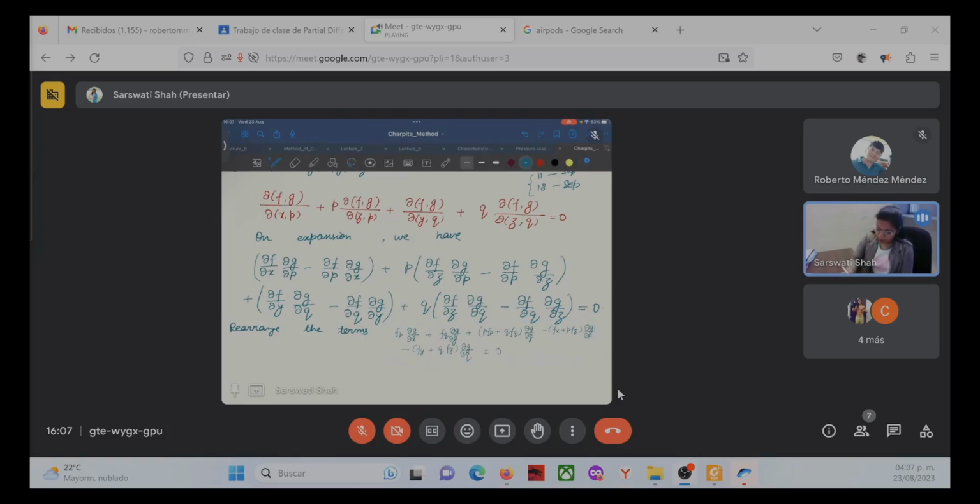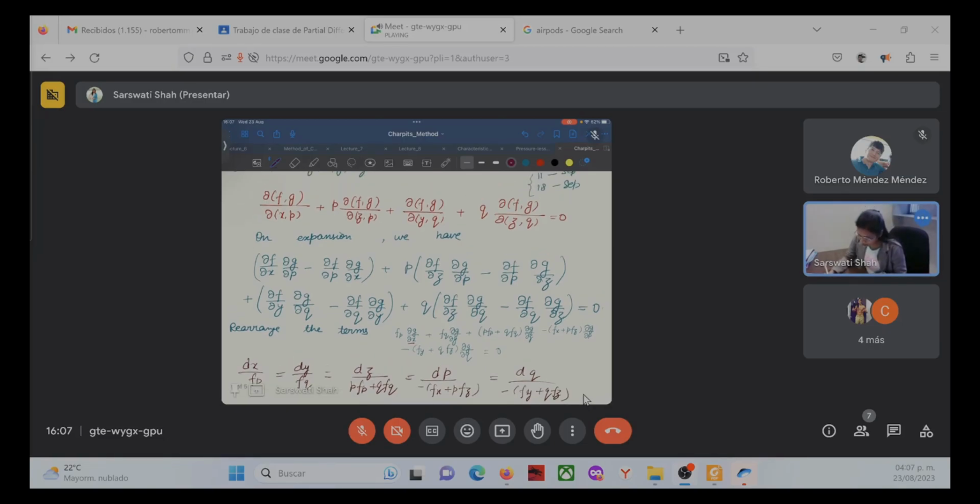This is a linear PDE for which the auxiliary equation is dx upon Fp, dy upon Fq, equals dz upon (P Fp plus Q Fq), and dp over minus (Fx plus P Fz), dq over minus (Fy plus Q Fz).